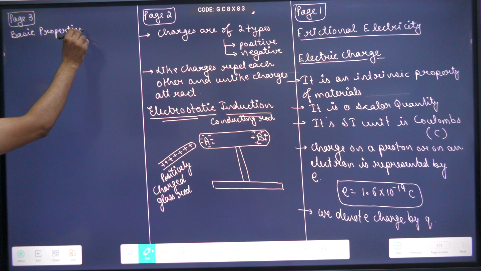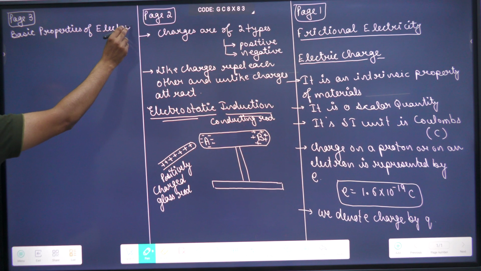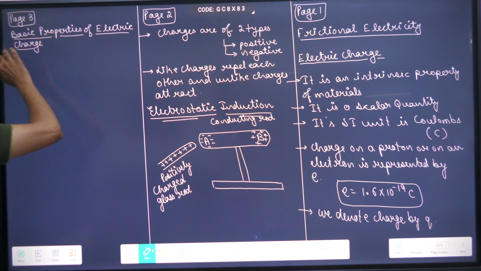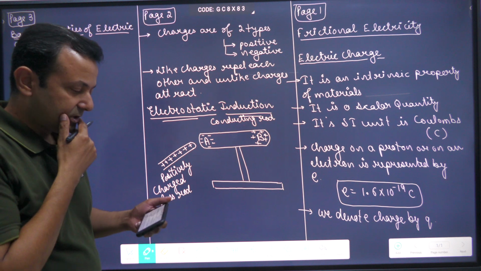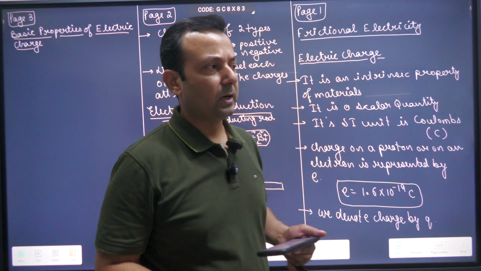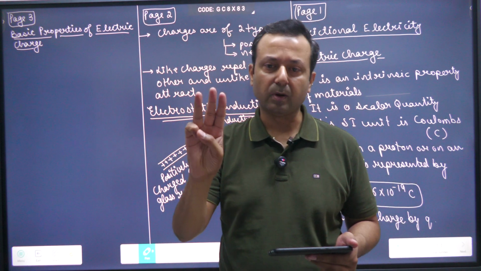It is observed from experiments that electric charge has the following three basic properties. Through repeated experiments, it has been observed that electric charge has three basic properties.